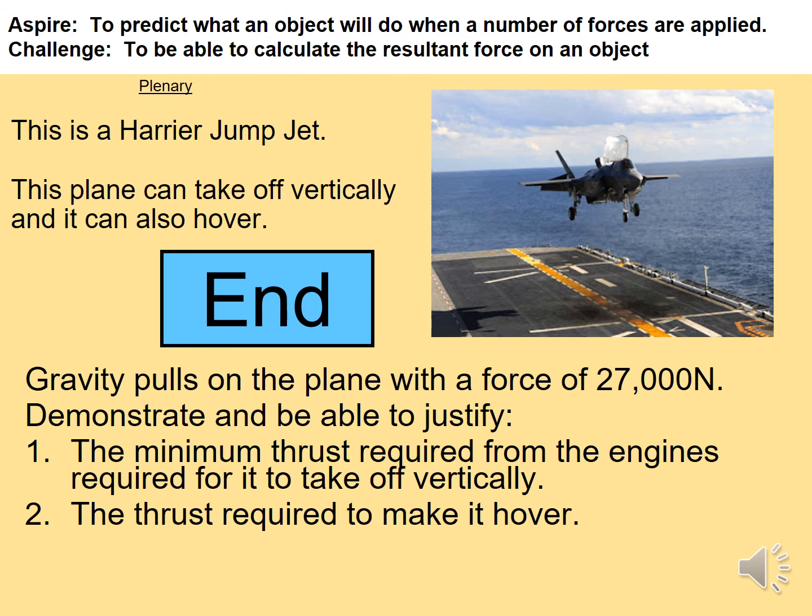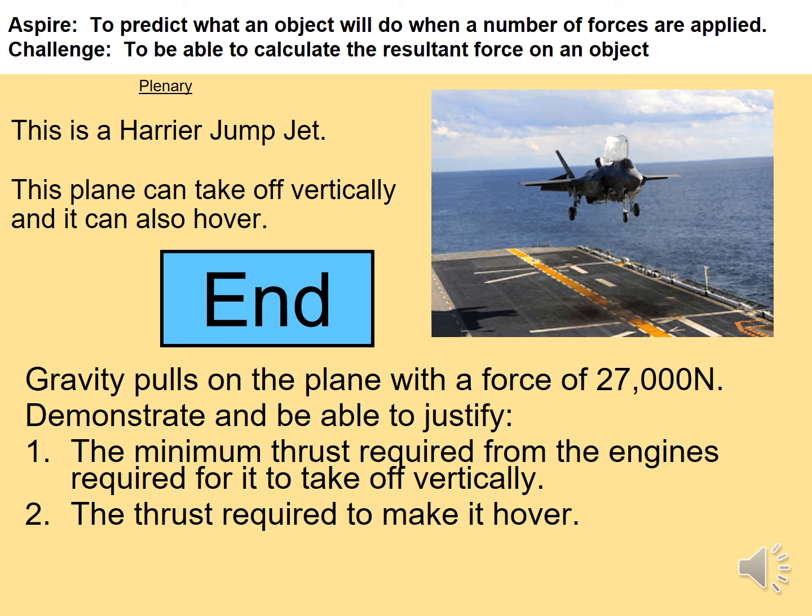Okay, so the gravitational pull on the aircraft is 27,000 newtons. So therefore, the minimum thrust required from the engines to make it take off must be literally just higher than 27,000 newtons. So therefore, 27,001 newtons would cause that aircraft to take off.